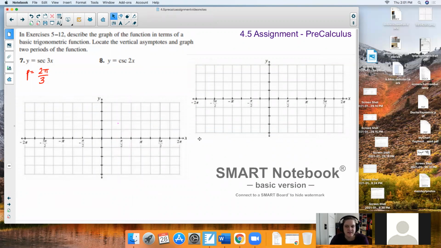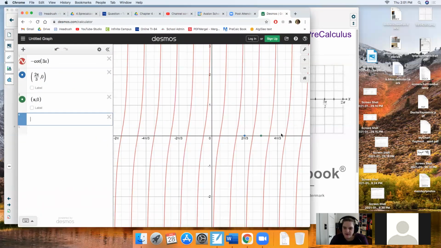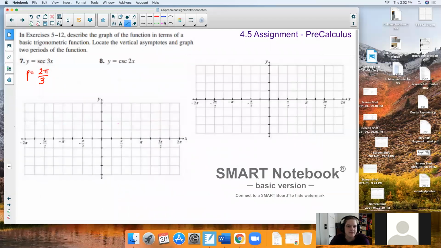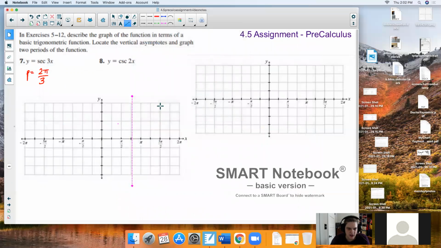So if I break this entire thing into 3 parts, right, because this is 2 pi, so 1/3 of the way is kind of here. Nope, it's a little bit more right there. So we're going to make these our asymptotes.